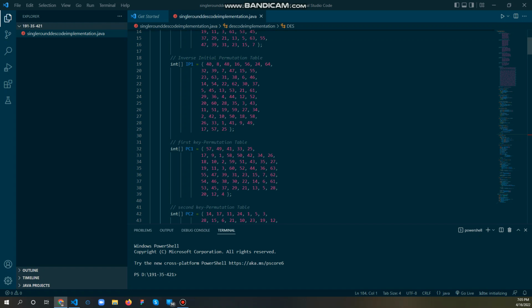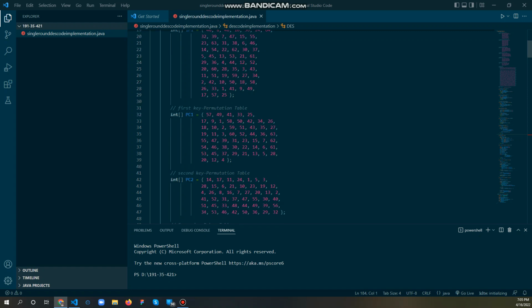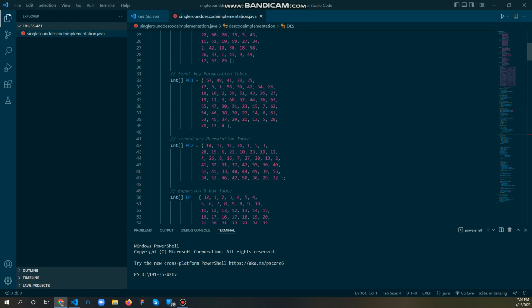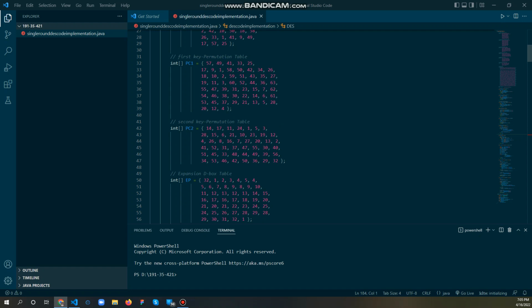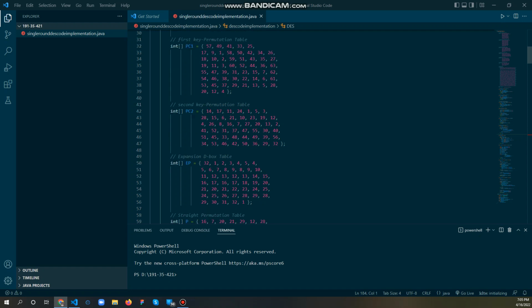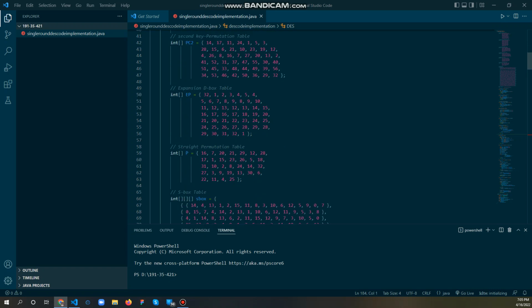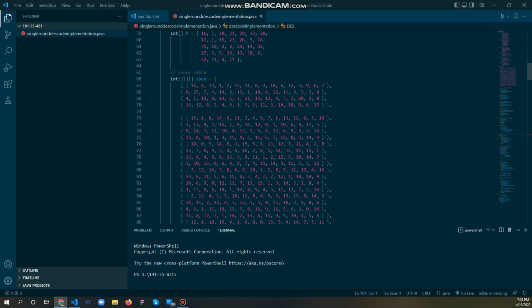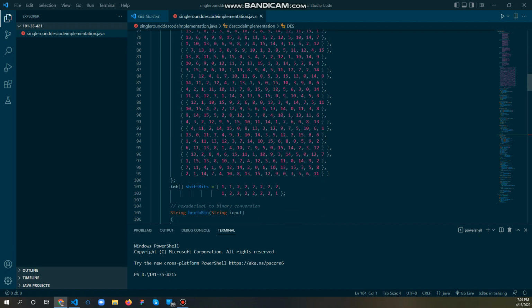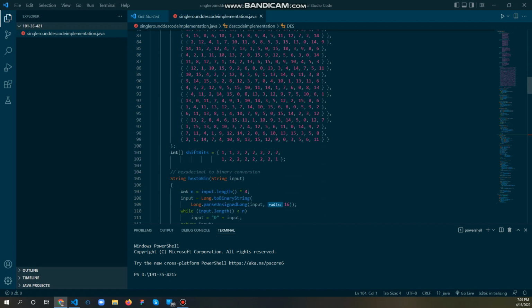These are circular shifts. The first half is 28 bits and the second is 28 bits. This is the S-box table and the permutation table. This is the shift bit.